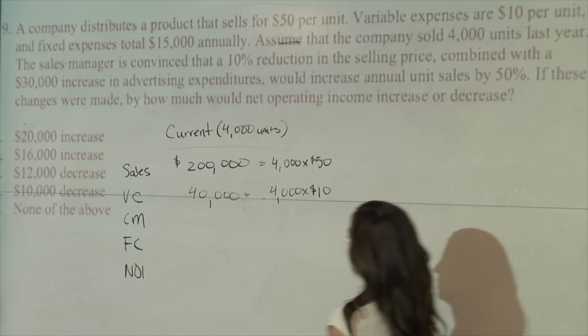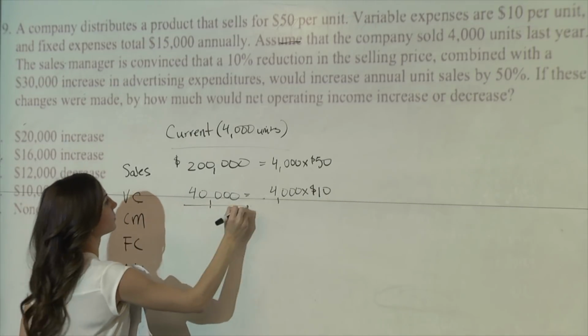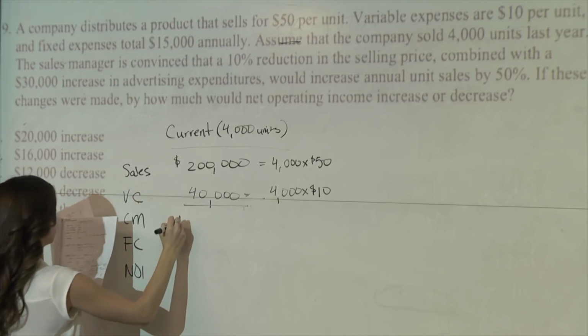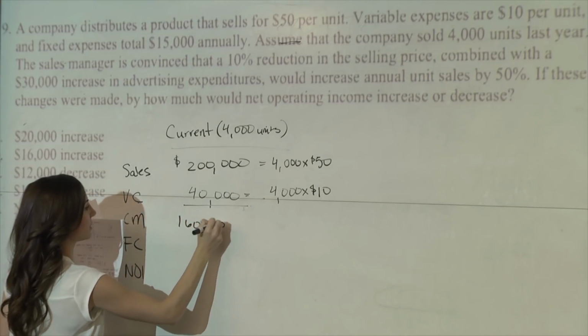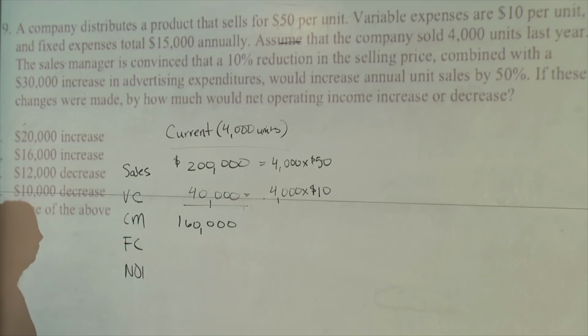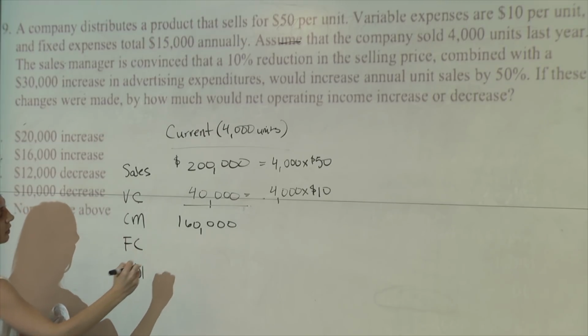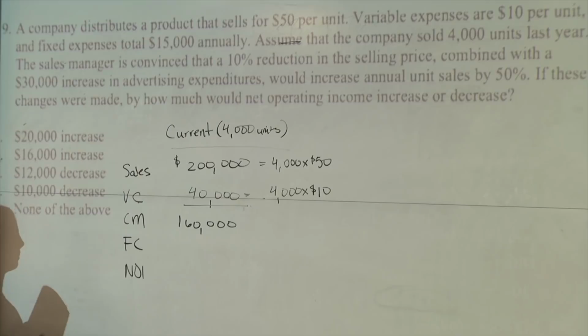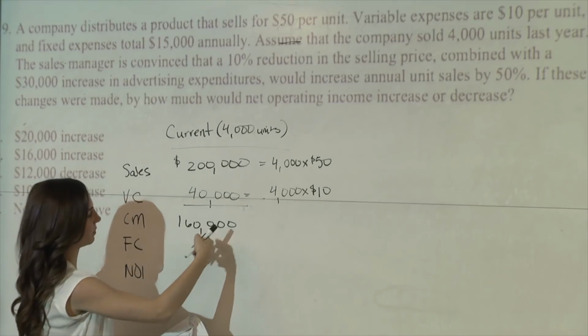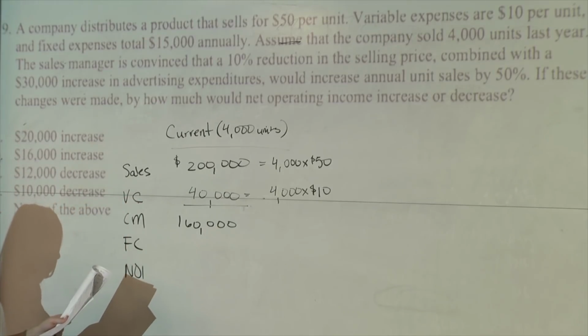The difference between these two is going to be 160,000. And we can calculate that on a per unit basis if we want to. It ends up being $40 per unit.